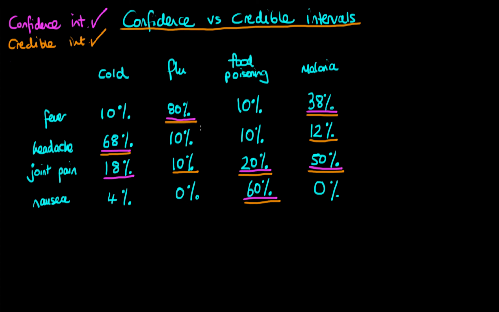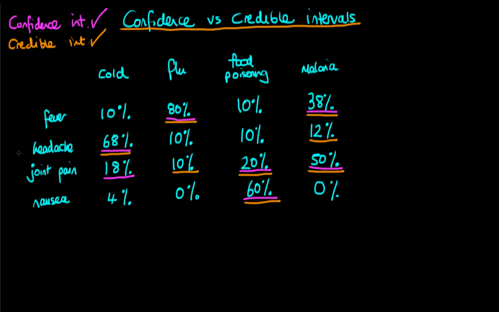So what we can see here is that there is considerable overlap between these two intervals. For individuals who present with fever, in both the confidence interval and the credible interval case, we say that that individual could have flu or could have malaria. And we see that because both of these numbers are underlined with both colours.